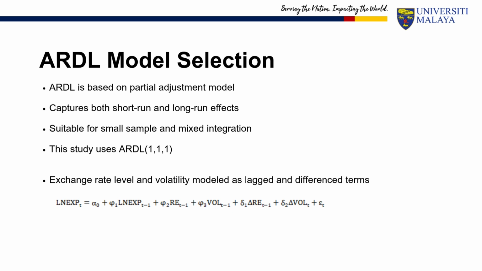So in this research, I used an ARDL(1,1,1) model, meaning that each variable includes one lag for level terms and one for the differences. In this model, lnEXP, RE, and VOL lagged are level terms which reflect long-run relationship, while delta RE and delta VOL are the difference terms which capture short-run effects.